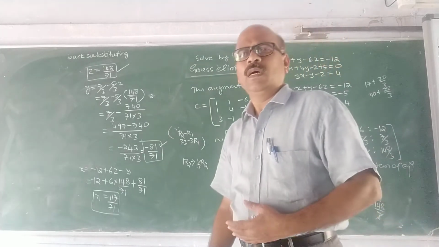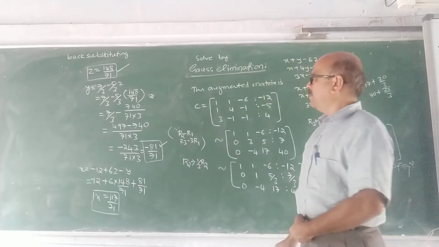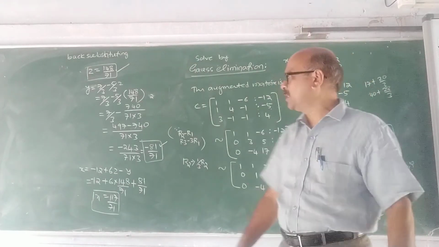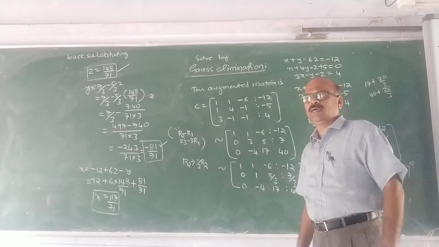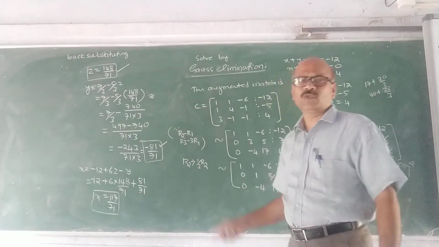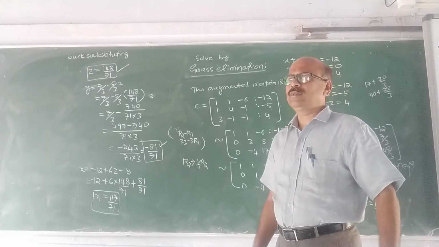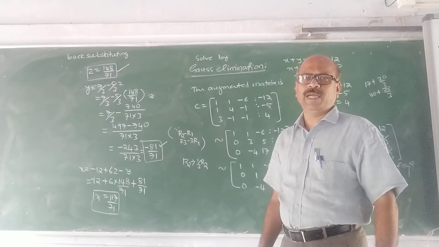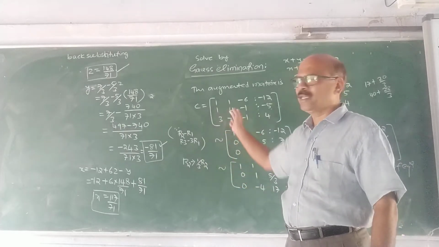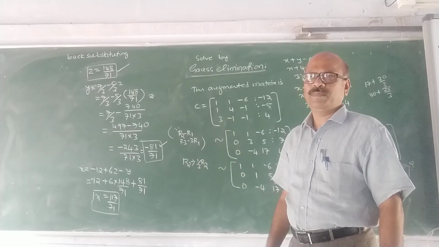I hope all of you followed the method. How to solve using Gauss elimination method. You can expect problems for 5 marks and also 2 marks. Sometimes what is Gauss elimination may be asked for 2 marks, and you have to explain what is Gauss elimination method.